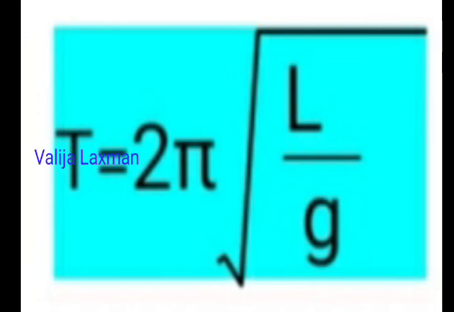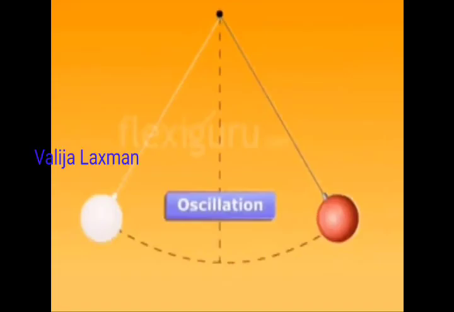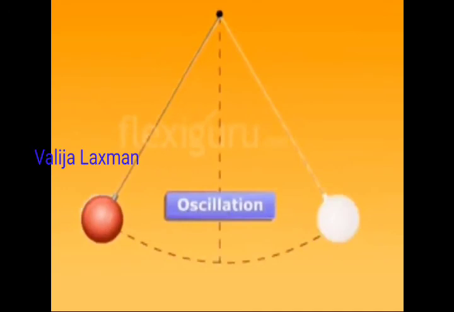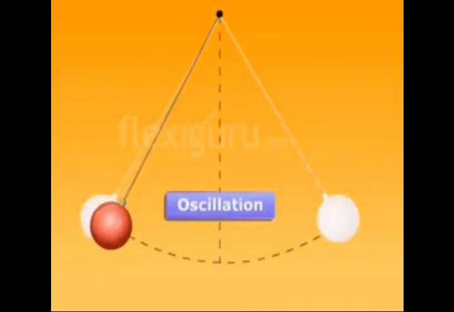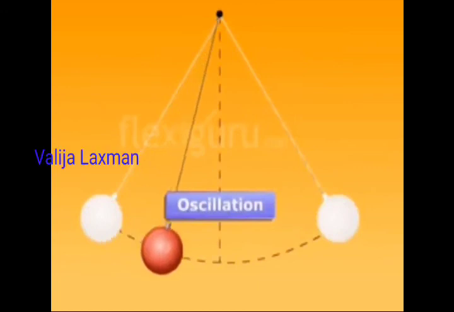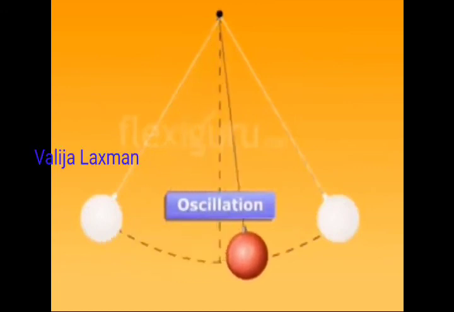Now in some of the simple pendulums, the time taken to complete one oscillation is equal to only 2 seconds. In this diagram, once again observe, we are starting from here, from the left side point, and going to the right side.